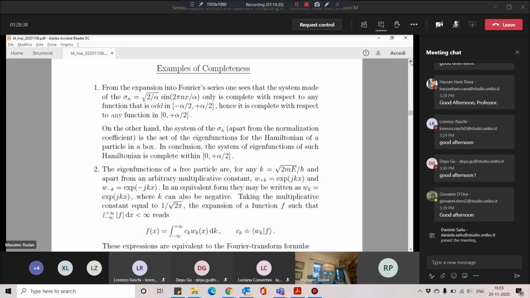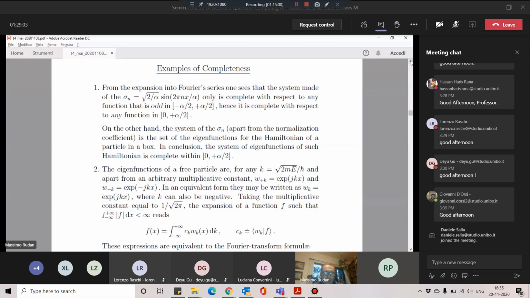But these are exactly the sigma functions that we have used in the analysis of the Fourier transform, okay? So the set of functions that we obtain from solving the Schrödinger equation for the particle in a box is made of the sigma functions.